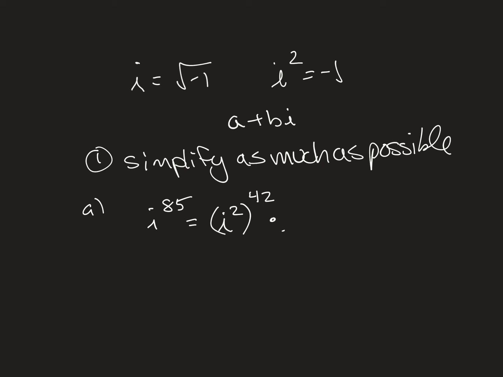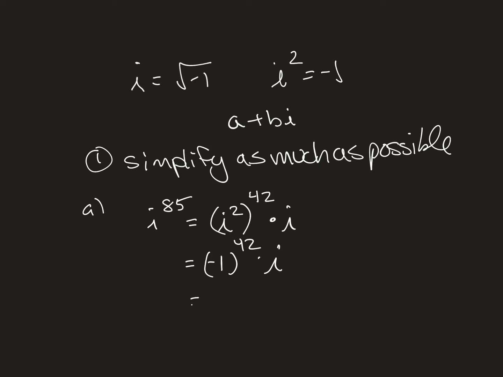So I just need to multiply by one more i to get i to the 85, because with the same base you would add exponents. So again, I'm rewriting i to the 85 in terms of i squared. And the reason I do that is i squared is just negative 1. So I replace that i squared with negative 1. And negative 1 to an even power is just going to be 1.